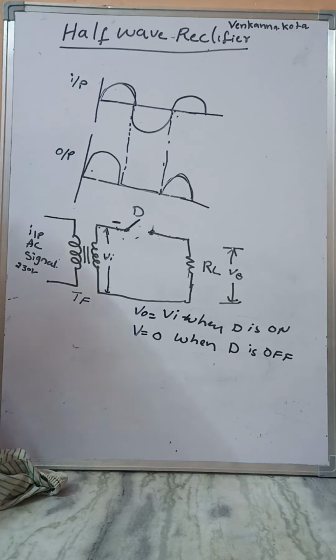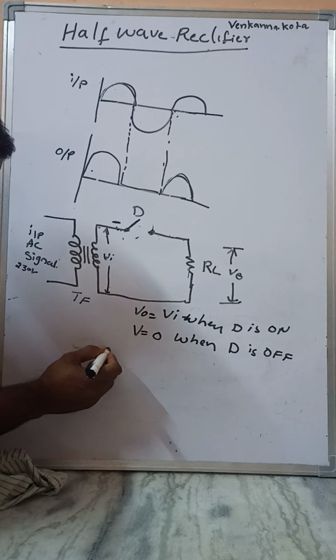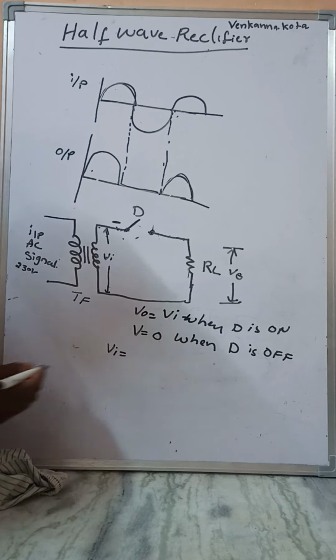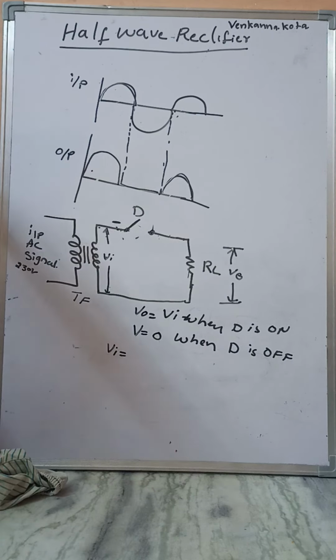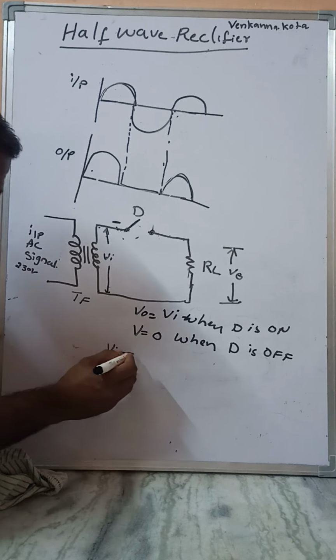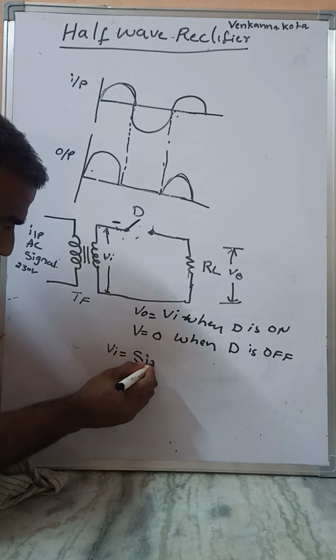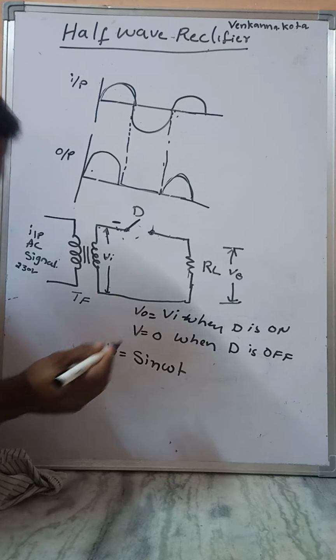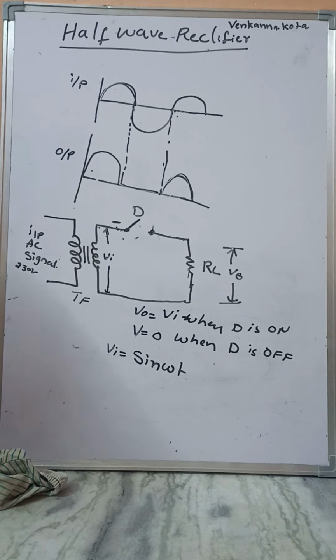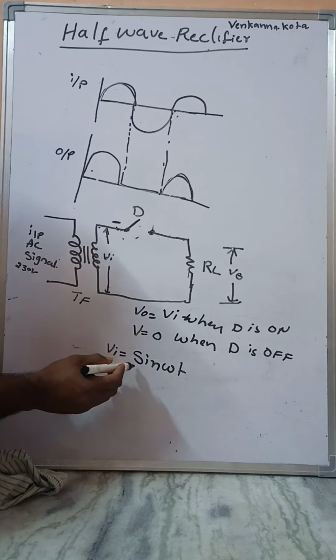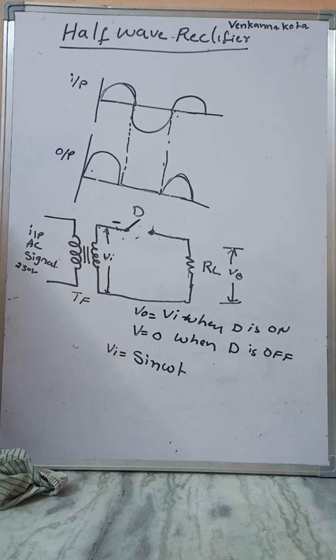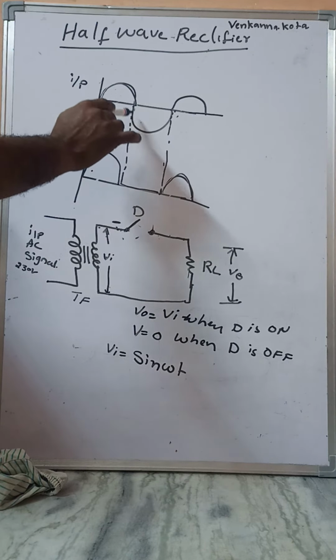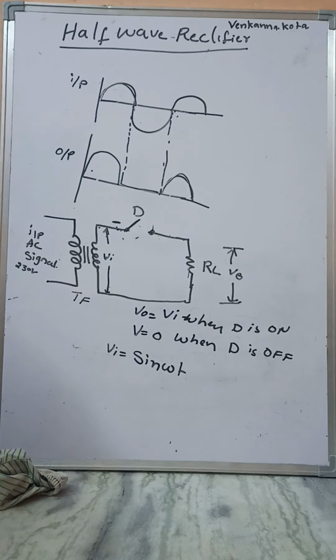Here let us consider Vi, or Vin, as a sine wave. So the input Vi is equal to sine omega t, because sine omega t indicates that the input is a sine wave.